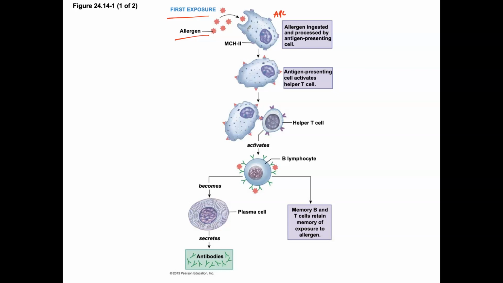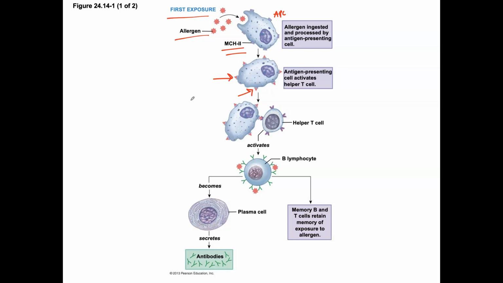So antigen presenting cells are engulfing this allergen, and they are going to create fragments of that allergen and present those fragments on their class 2 MHCs. So these are the allergen fragments that are being presented on a class 2 MHC.